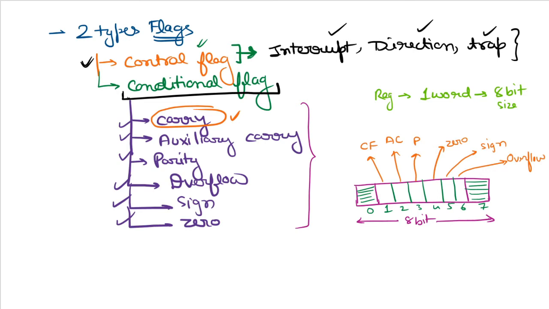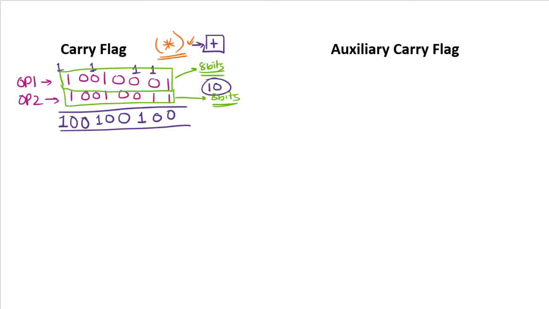Now we can see that after the addition operation we are getting 9 bits. We can't store 9 bits in an 8-bit register. The accumulator will also be an 8-bit register. Now what should we do?